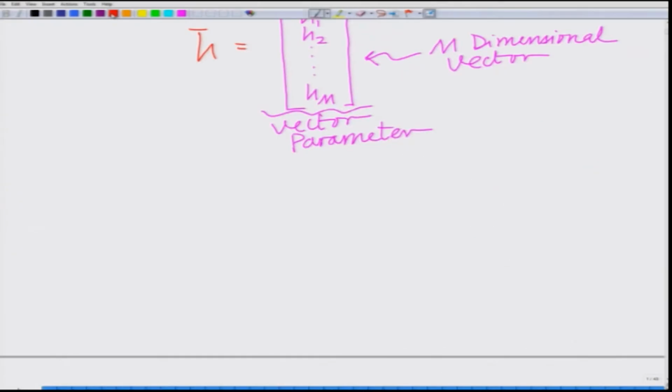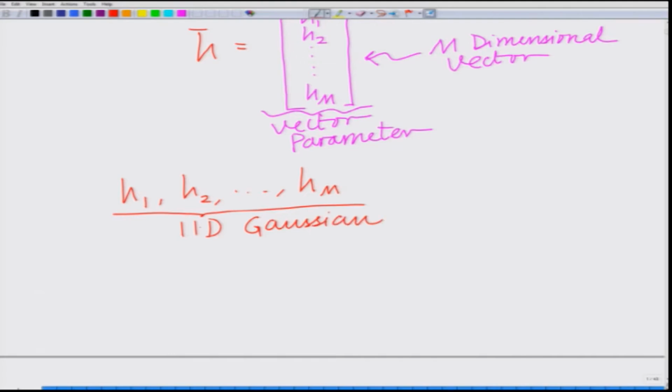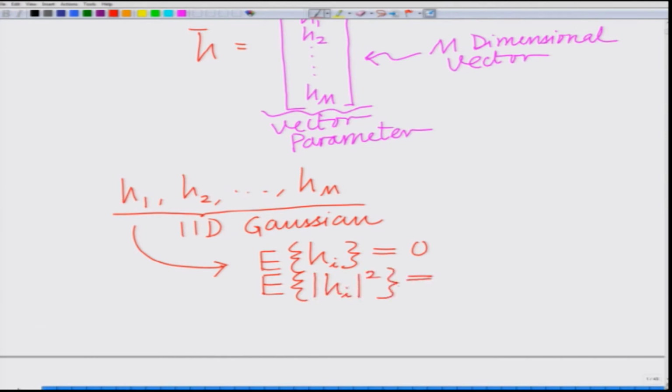Alright. So, to be more specific, we are considering h1, h2, up to hM. These are IID Gaussian, which means independent identically distributed Gaussian, with expected value of each h_i equal to 0, that is the mean of each coefficient h_i equal to 0, and the variance, expected value of magnitude h_i square, equals sigma h square.